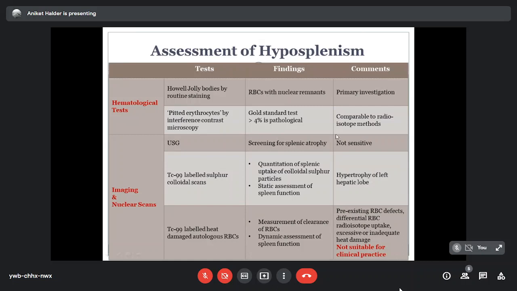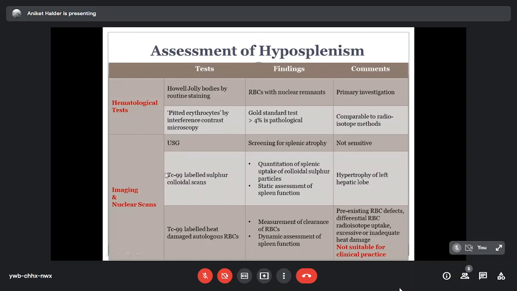And in some studies, it has been said that it is comparable to radioisotope methods in identifying hyposplenism. Imaging and nuclear scans. USG may be a primary modality for assessing hyposplenism, because USG can identify splenic atrophy.